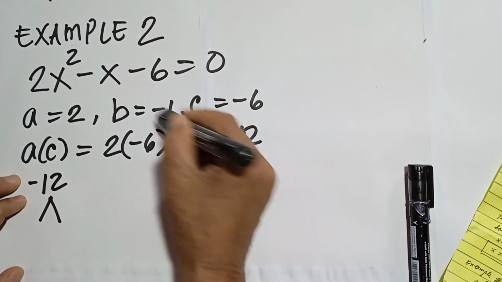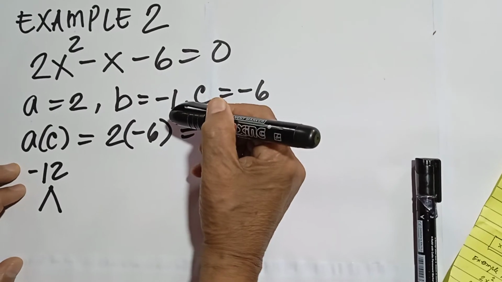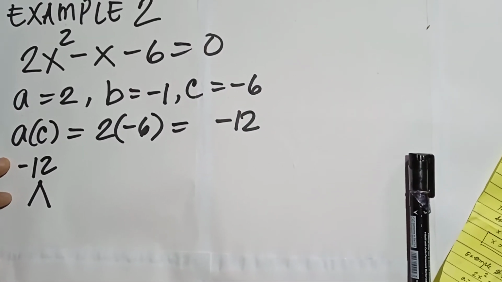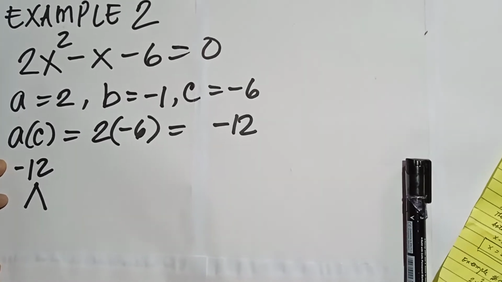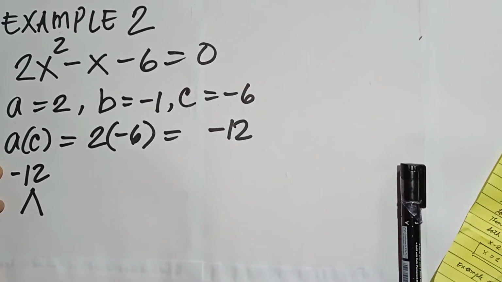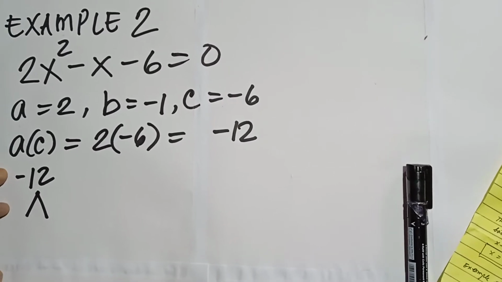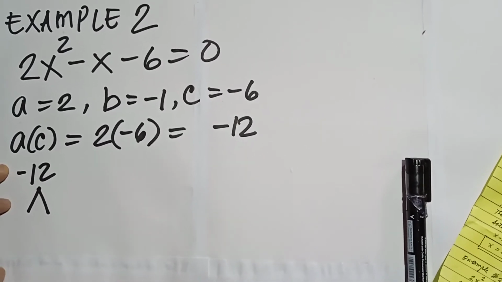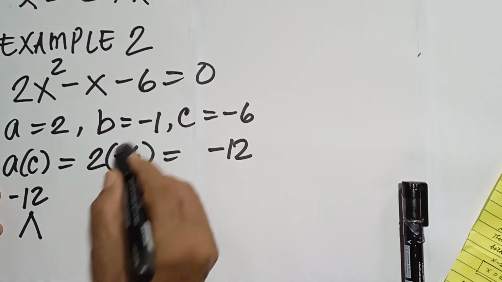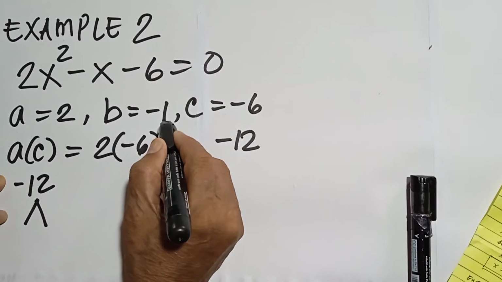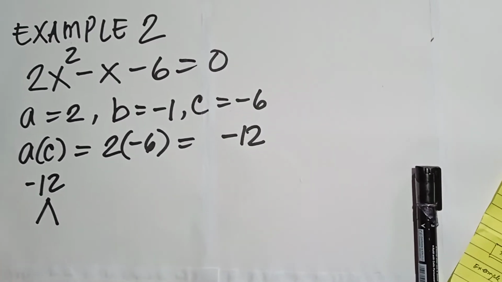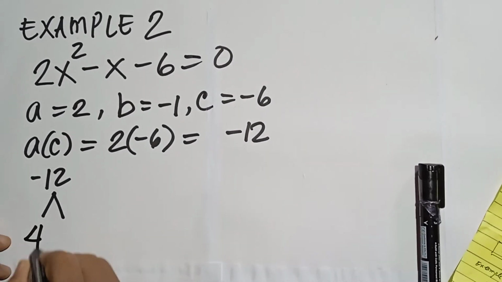That is B. So 12 has many factors like 2 times 6, 12 times 1, and 4 times 3. You choose from those factors which have a difference of negative 1, equal to B. So you choose 4 and 3.